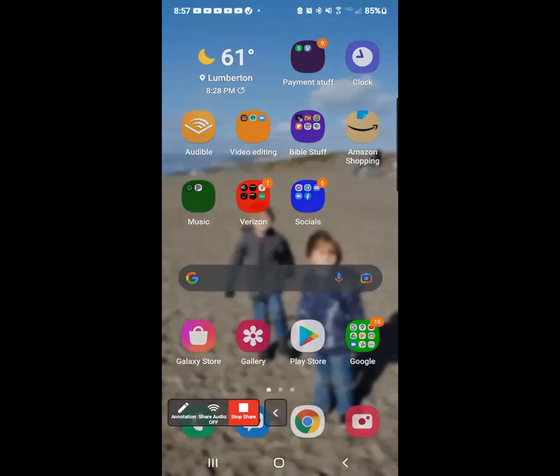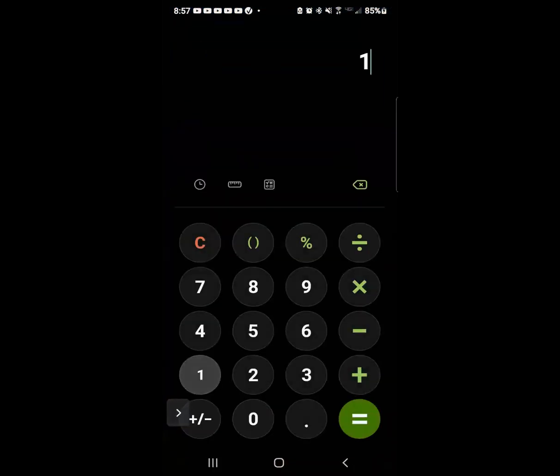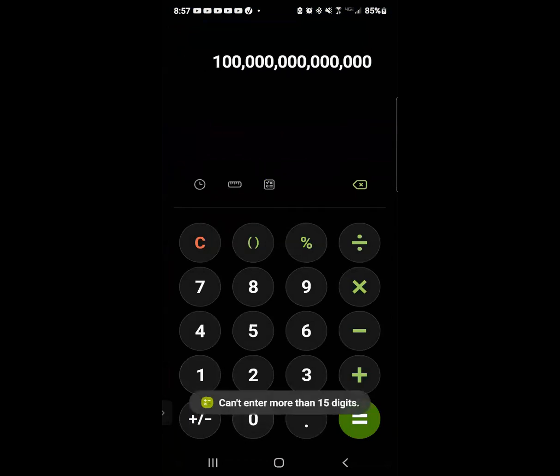I will show you that on my calculator so you can really get a view of how big this number is. But 10 with 1, 2, 3, 4, 5, 6, 7, 8, 9, 10, 11, 12, 13, 14, 15. I can't enter more than 15 digits. Add another 10 zeros to this number that you're seeing on your screen, and that is how much stronger electromagnetic forces are than gravity. Gravity is actually one of the weakest forces in our entire universe.